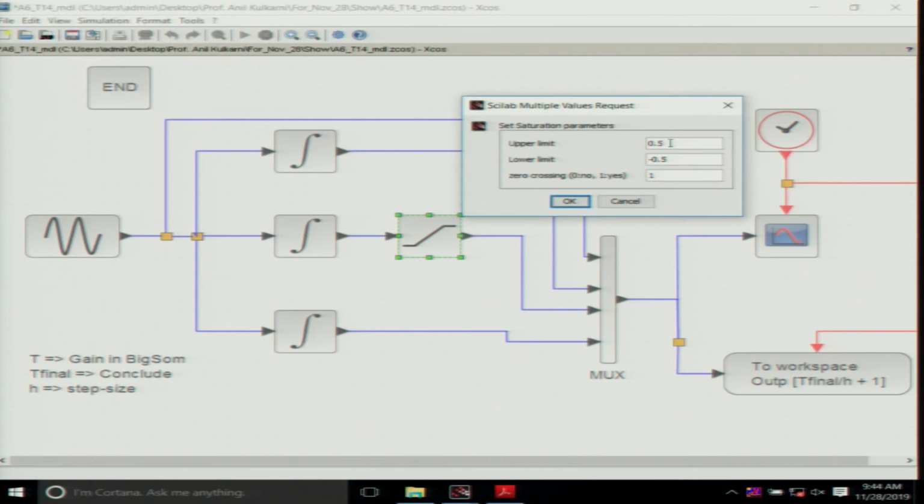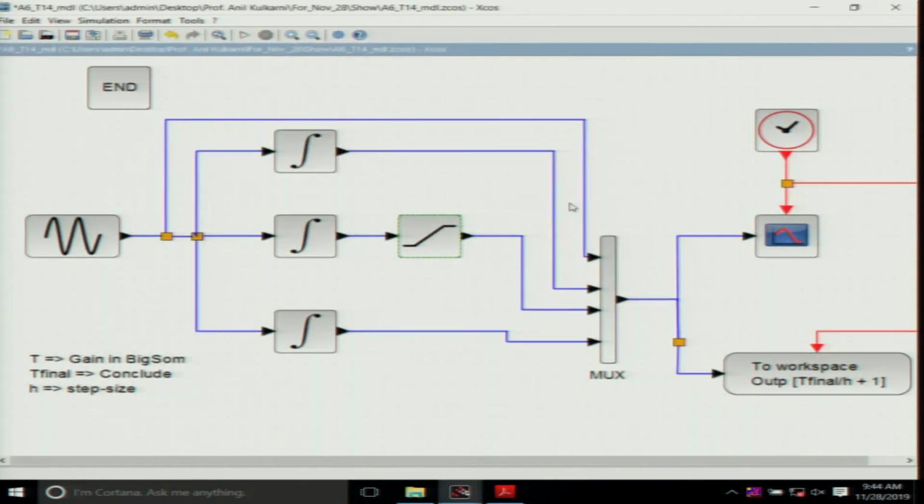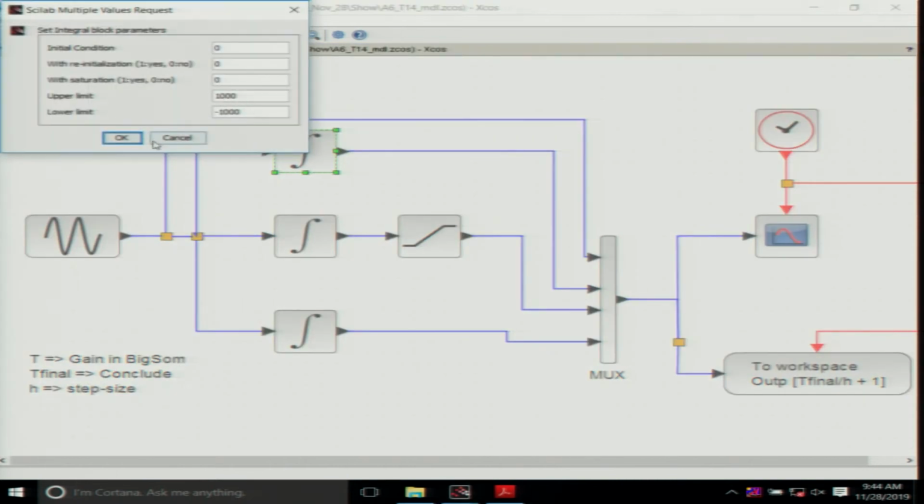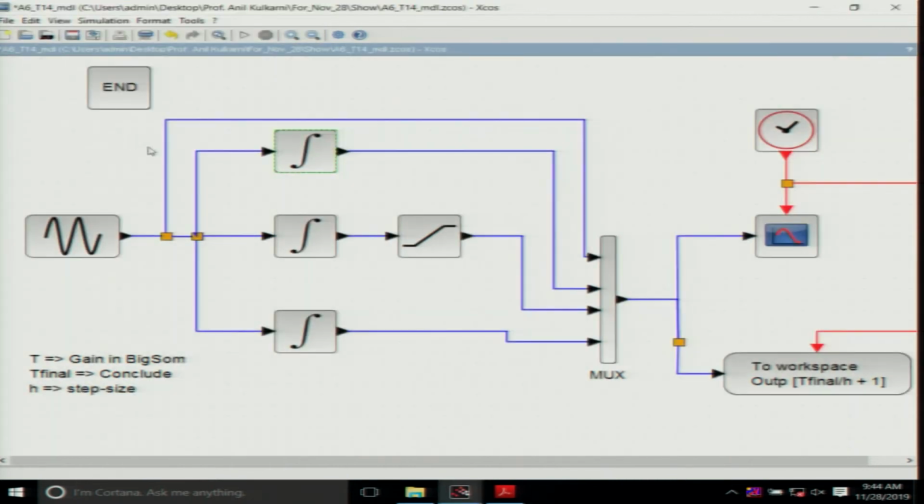This is the same limit as we specified for the integrator of the bottommost block here, but this limit is external, it is just a clipper, and this is an integrator without limits again. We have specified the limits, but they are very high, so for all practical purposes we will not reach them for the specific example given here.